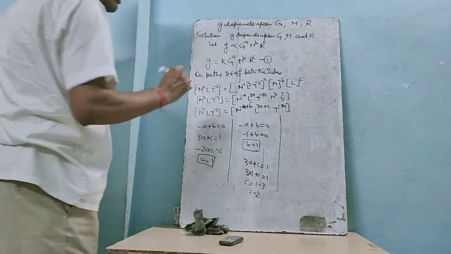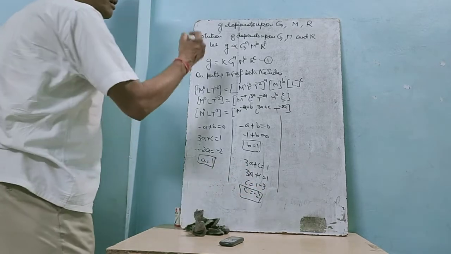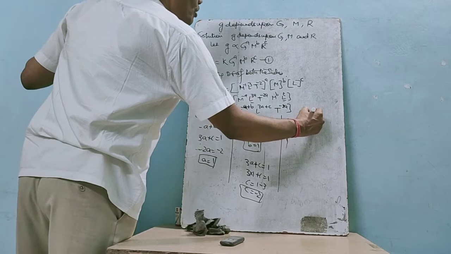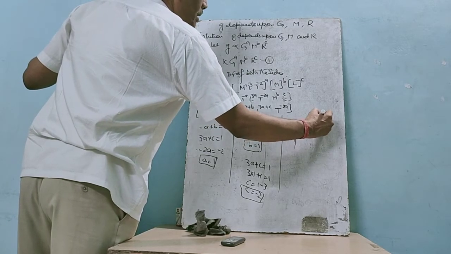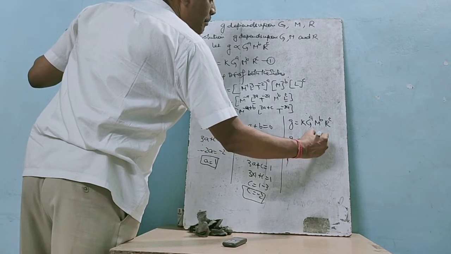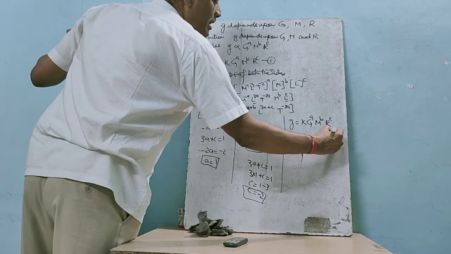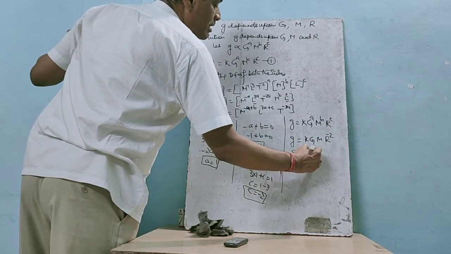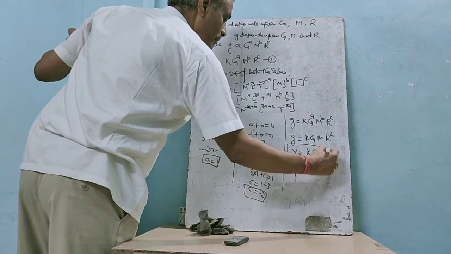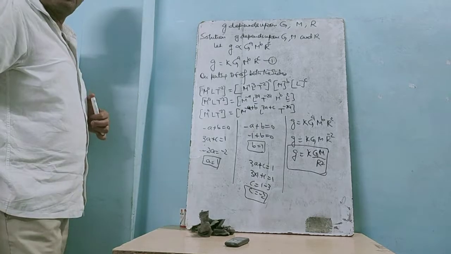Now on putting these values of a, b, c in equation number first, g equals k G to power 1, M to power 1, R to power minus 2, so g equals k G M upon R square. Using dimensions, we cannot find the value of k.